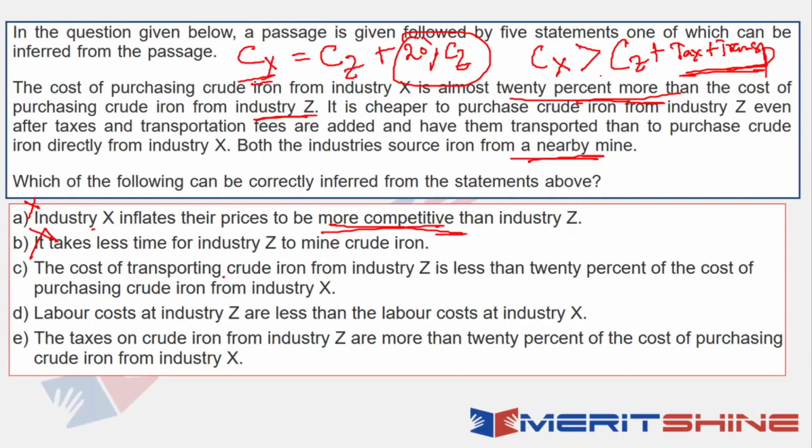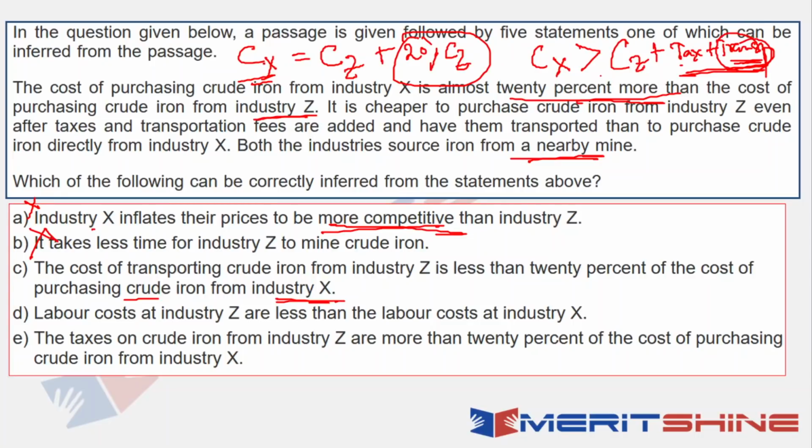The cost of transporting crude iron from industry Z is less than 20% of the cost of purchasing crude iron from industry X. Okay, now let's see here. What is it saying? That if the cost of transporting crude iron from industry Z is less than 20% of the cost.